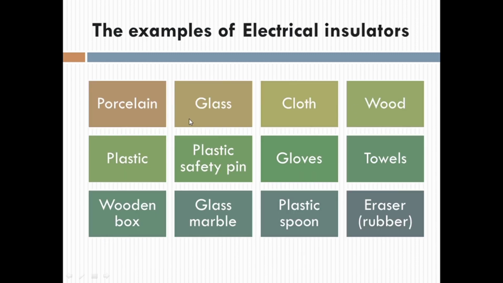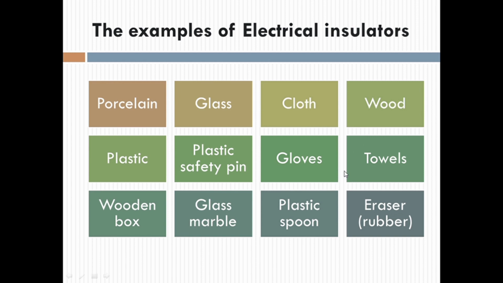Here are some examples of electrical insulators. They are porcelain, glass, cloth, wood, plastic safety pin, gloves, towels, wooden box, glass marble, plastic spoon, and eraser. So if you connect with these materials, it's impossible to produce electricity. So don't try this if you want to produce electricity because it's not good for transferring energy.